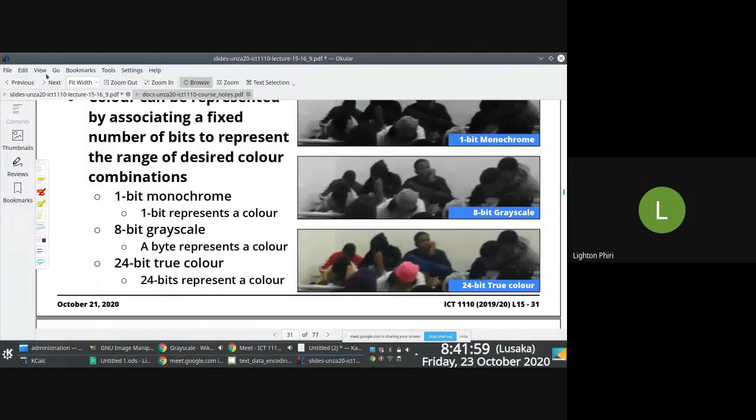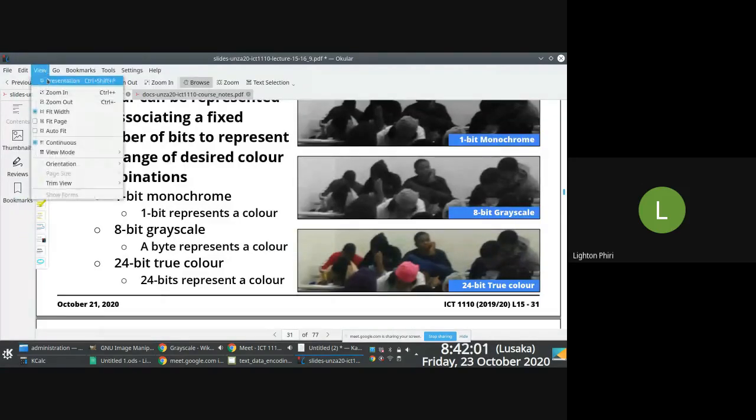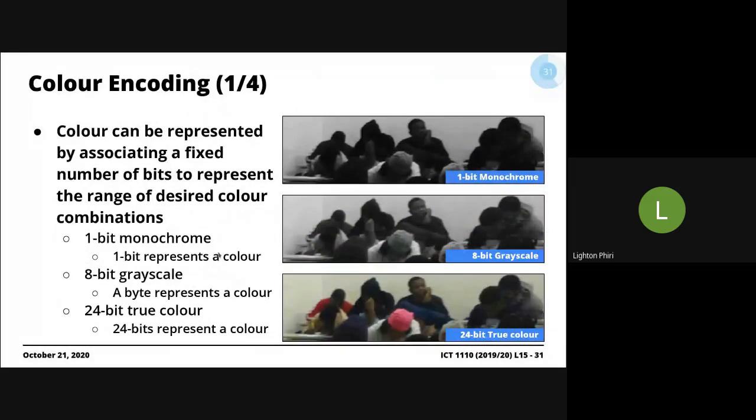And then for colored pictures, or so-called true color, it gets more complex than what we have here, but we're just assuming a 24-bit representation. You could view the 24 bits as being comprised of different variations of red, green, and blue.